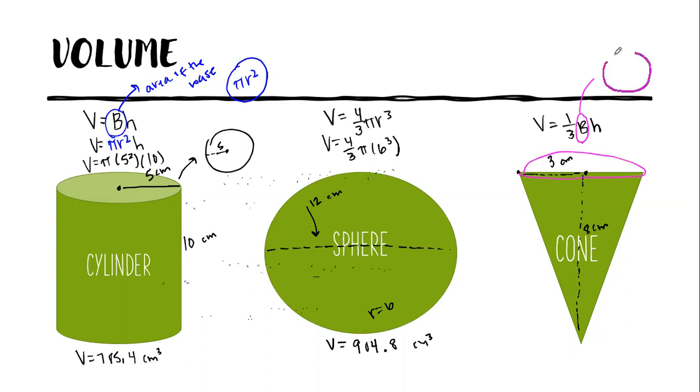Sorry, they didn't have a cone in PowerPoint. So capital B stands for the area of the base. My base is a circle, and the area of a circle is pi radius squared. So instead of putting capital B, I'm going to put pi r squared. So this would be volume equals 1/3 pi radius squared times height.